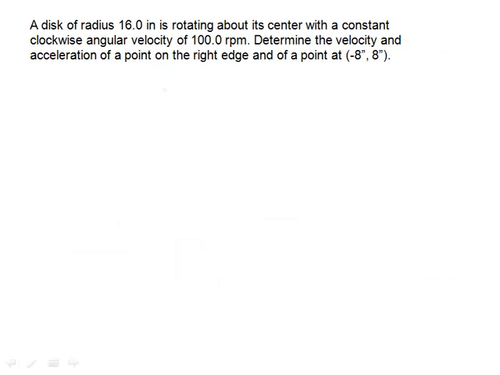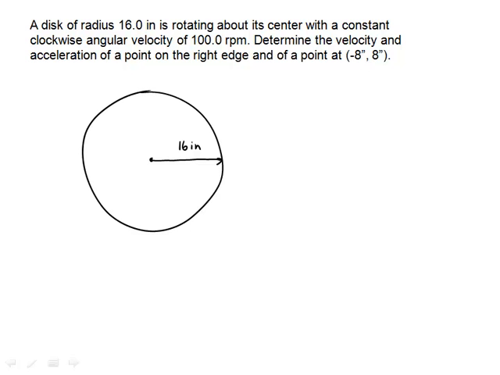Here's another problem. I have a circular disk with a radius of 16 inches, and it's rotating about its center with a clockwise angular velocity. So omega equals minus 100 RPMs, minus because it's clockwise, so the minus sign indicates clockwise. 100 RPMs is going to be 200 pi radians.